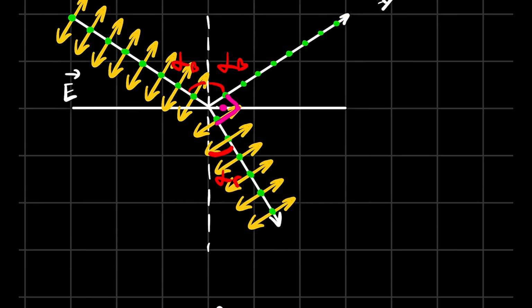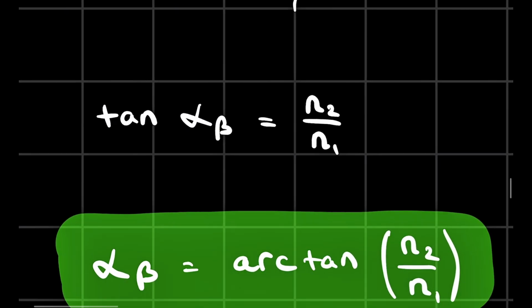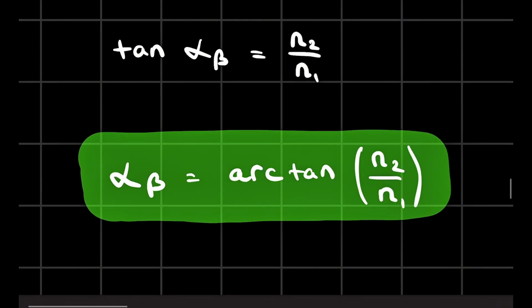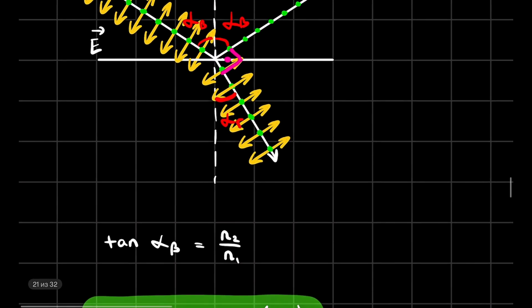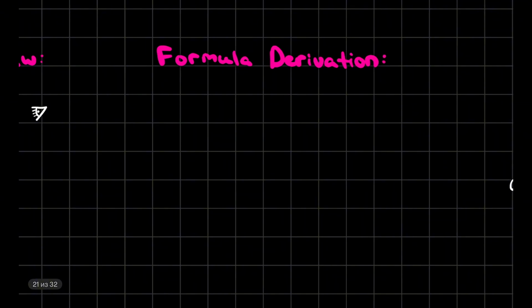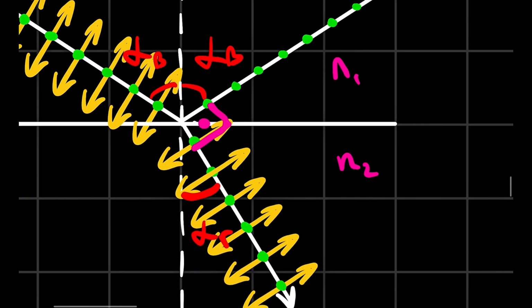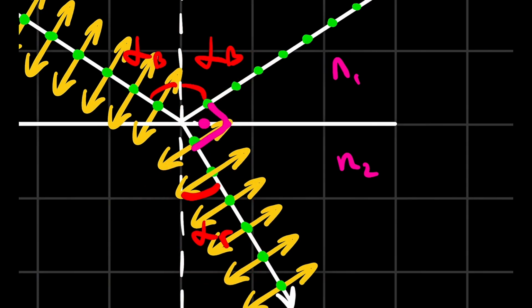In that case, we can write down a formula. The angle of Brewster is arctangent of N2 divided by N1. N2 is our water and N1 our air. But let's derive how this formula appears. If this is the angle of Brewster, this is the refracted angle, and this is 90 degrees, the sum of the angles has to be 180.